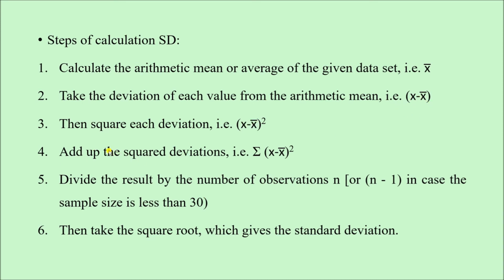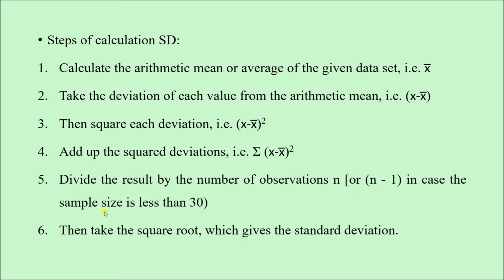After that, we have to add the squared deviations, that is the summation of x minus x bar whole square, and then divide this value by either n or n minus 1 depending on the sample size. If the sample size is less than 30, we use n minus 1. If it is 30 or more, then we can use n.